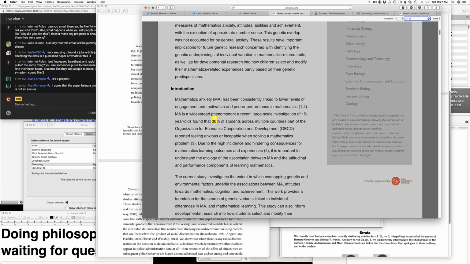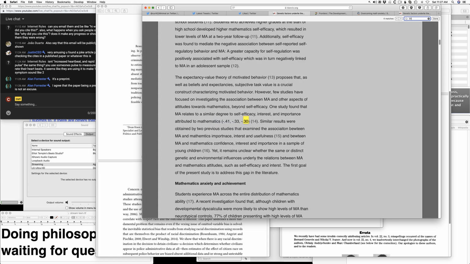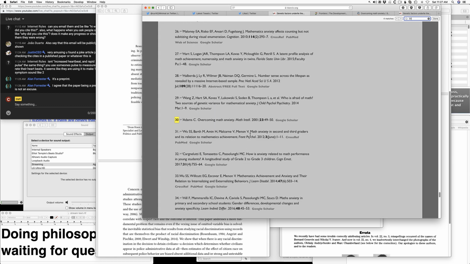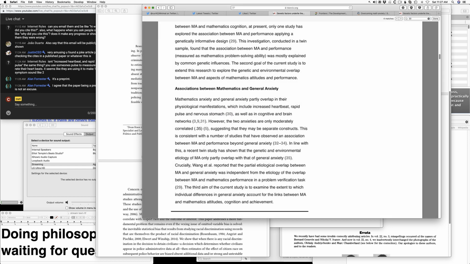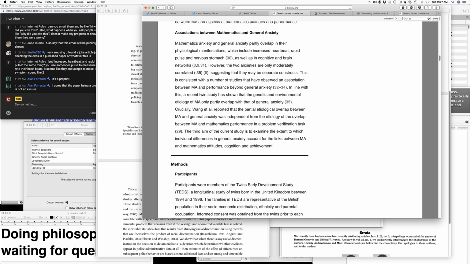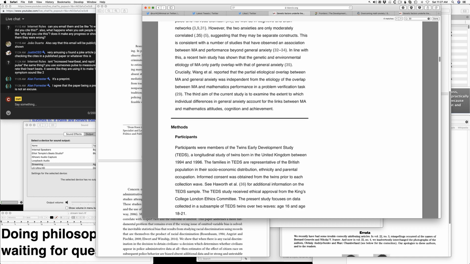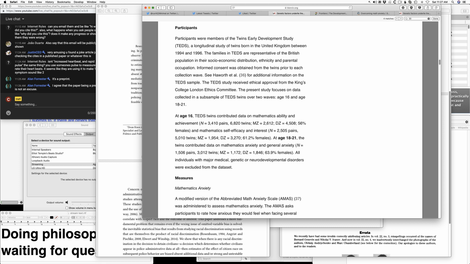I'm gonna check if 30 is cited a second time just in case, you know? Okay, they do not cite it again. Methods. Okay, this is the part where we actually see what their research was. And we'll get to criticize them, maybe.